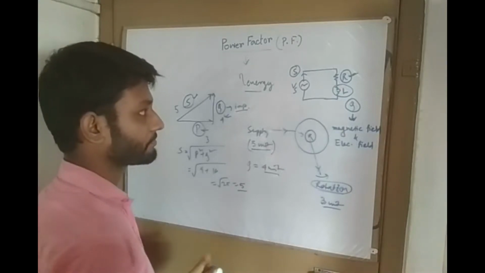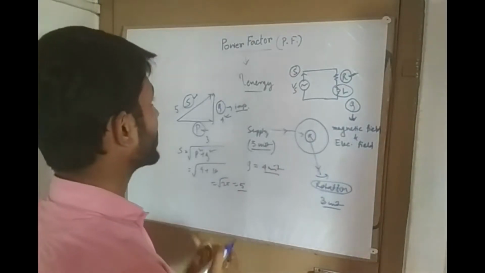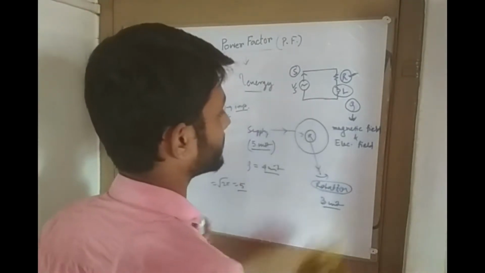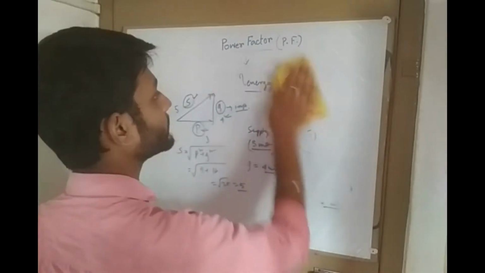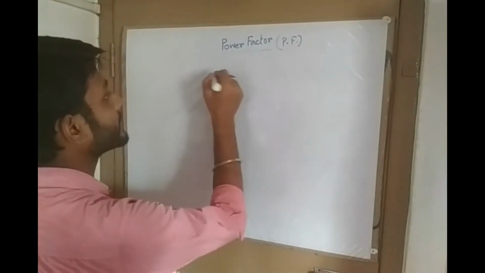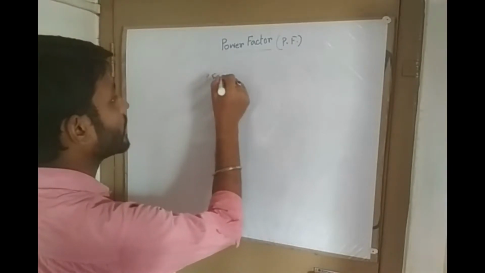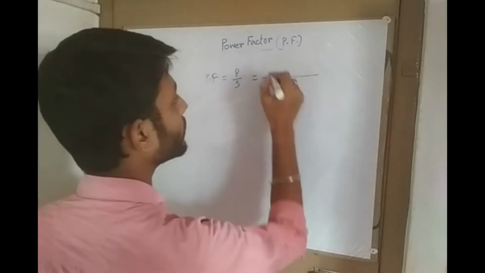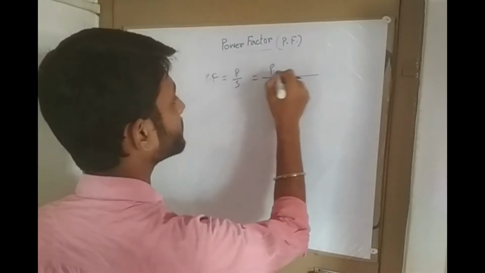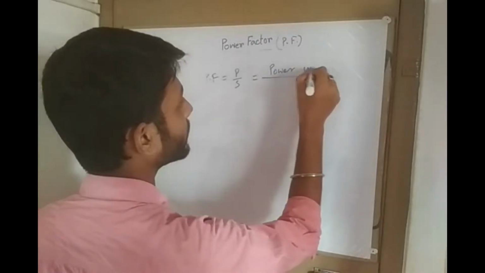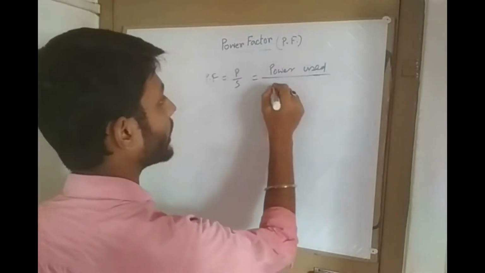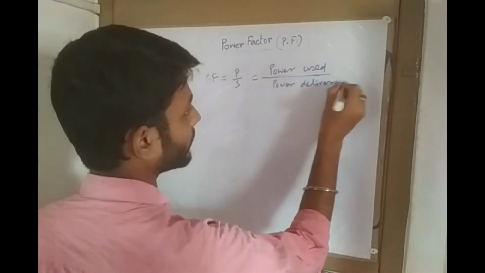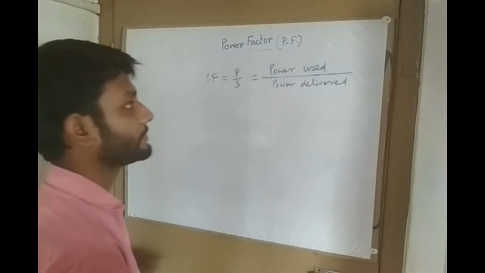This S is 5. So in another way we can say this power factor equals P divided by S, whatever we have seen, equals power used divided by power delivered.